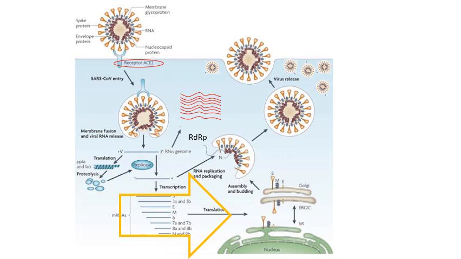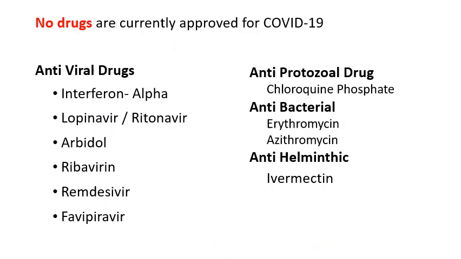These are assembled and the new virion is synthesized. Some of the proteins can translocate into the nucleus and regulate the antiviral protein synthesis, thereby inhibiting the immune activity against this virus. So here I would like to explain the different drugs used by different countries and their mechanism of action.